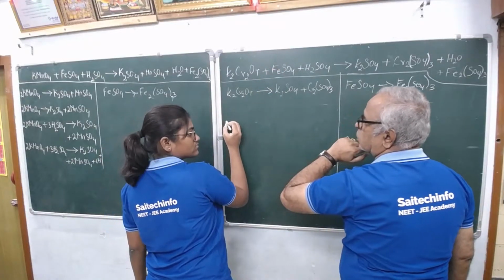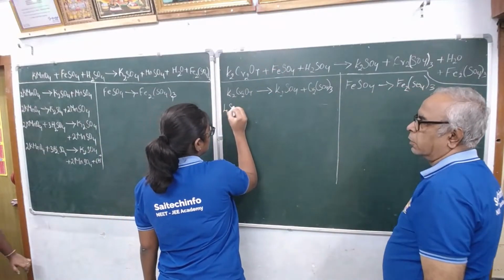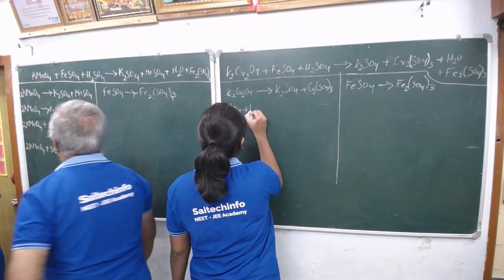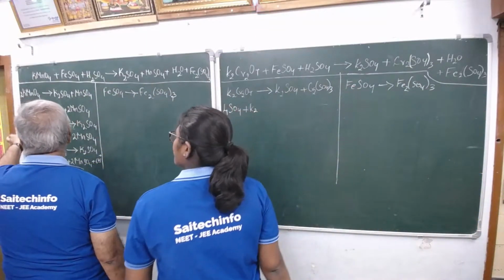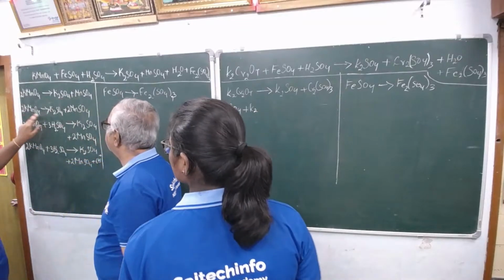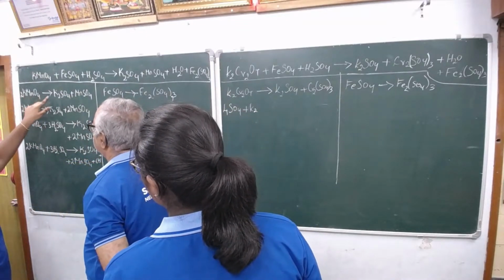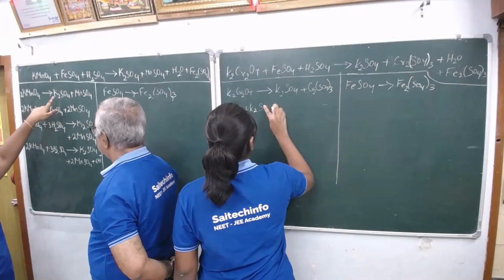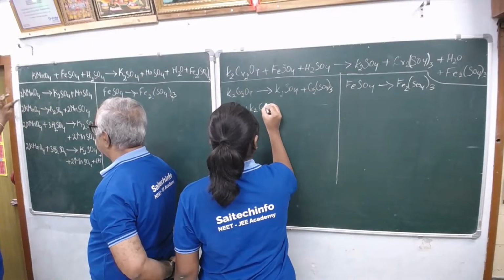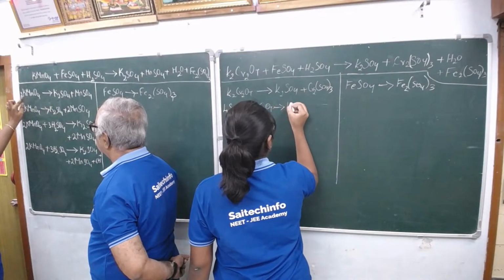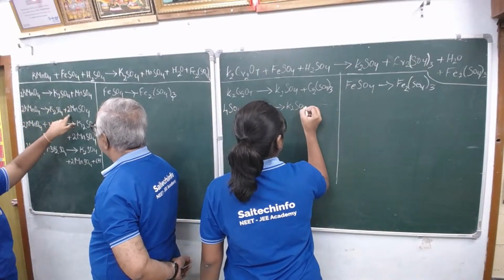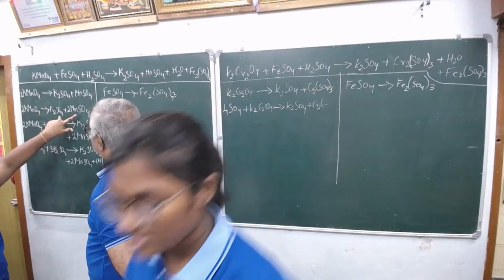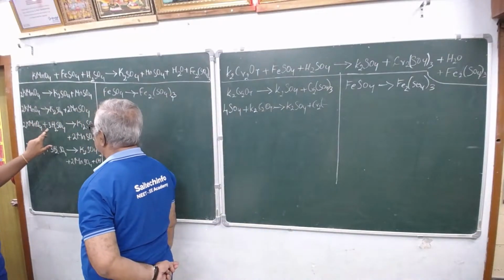Is it not? Right. So how to balance the electrons? Here, you explain this. 2 KMnO4 plus K2SO4 plus MnSO4. So here in the product side, we are having 2 K, so we are multiplying it by 2. So Mn becomes 2, so we are multiplying MnSO4 by 2. So we are having 3 SO4 on the product side, so we are adding 3 H2SO4.